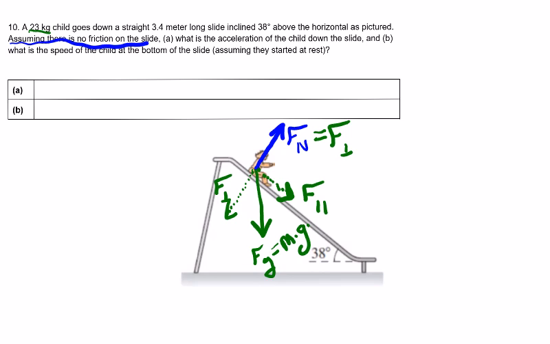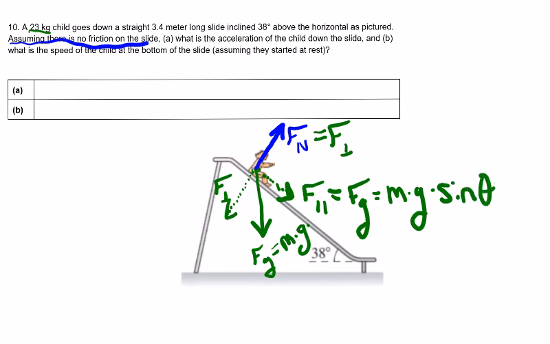And we can find the parallel force by taking the force of gravity, which is just mass times gravity, but then you multiply it by the sine of the angle.